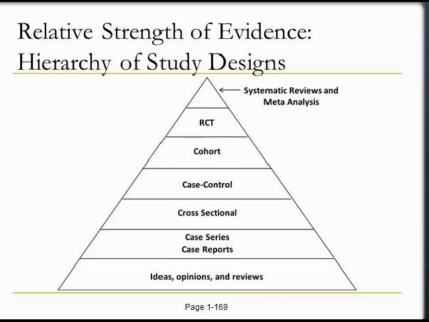Observational studies here in the middle, cross-sectional, case control, cohort studies, we'll talk about these to some extent, and randomized controlled trials, of course, are in terms of the hierarchy, towards the top, and then systematic reviews and meta-analyses are shown at the top of this pyramid.